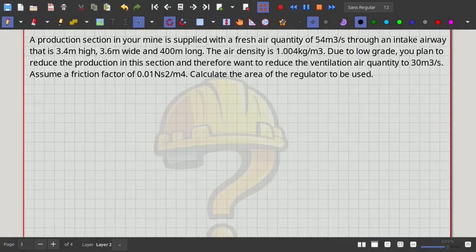Due to low grade, you plan to reduce the production in this section and therefore want to reduce the ventilation air quantity to 30 cubic meters per second. Assume a friction factor of 0.01 Ns squared over m to the power 4. Calculate the area of the regulator to be used.